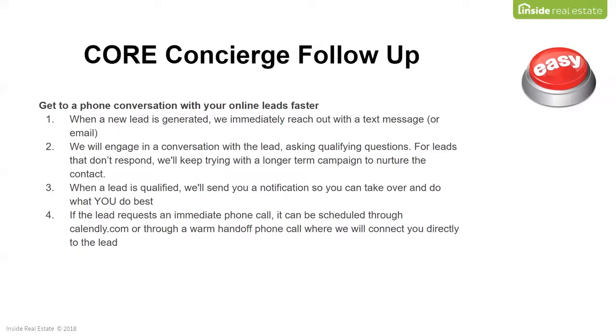So if we have a cell phone number, we'll always text them. If we only get an email address, we'll email them. If we only have a landline, we'll call them. But the idea is we're trying to qualify these leads as quickly as possible by asking them questions to get that conversation going and understand as much as we can about them. And when the lead is qualified, you'll get a notification for you to pick up and take over from that point moving forward.